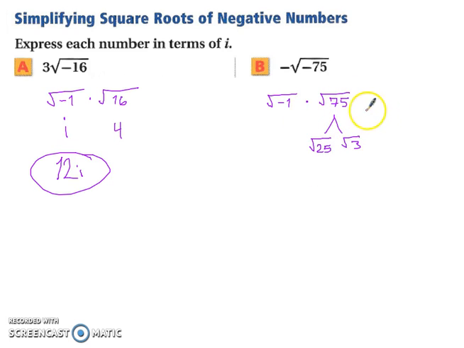Recall back to Algebra 1 and simplifying to simplest radical form. We know the square root of -1 is i. The square root of 25 is 5, and we can't really do anything with the square root of 3, so we're just going to leave it as such. Once we combine everything together and go back up and claim what was outside to begin with, we now have -5 square root of 3 times i.